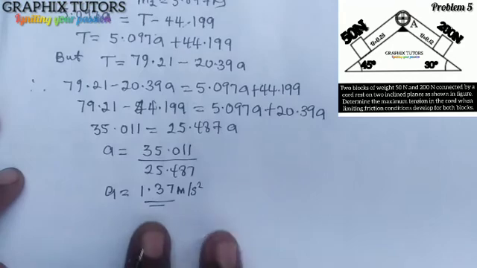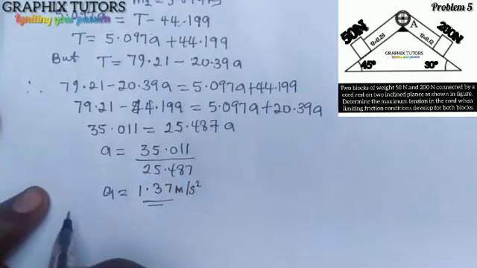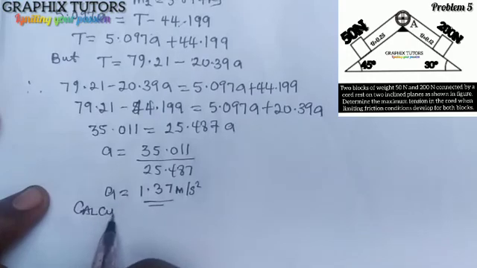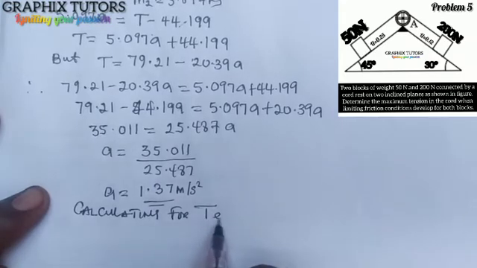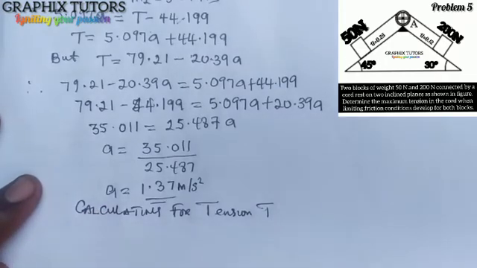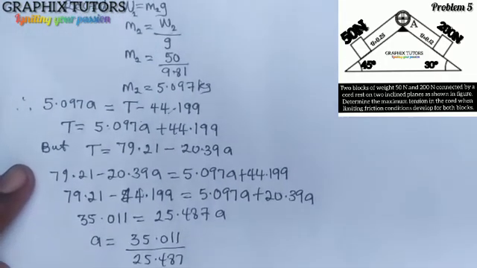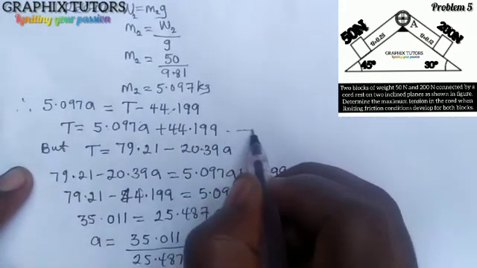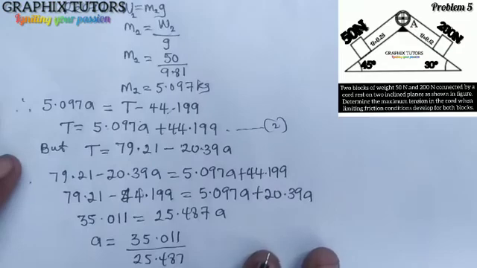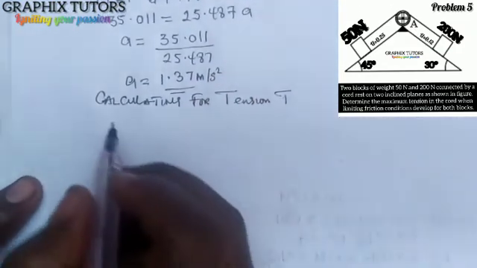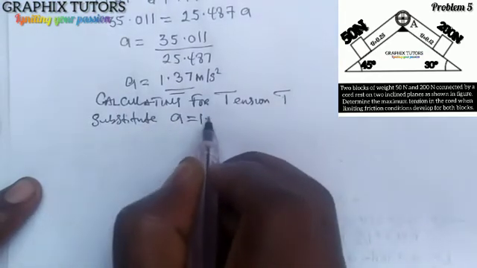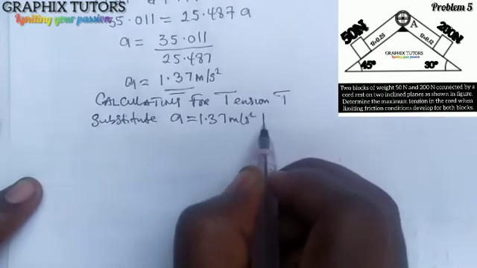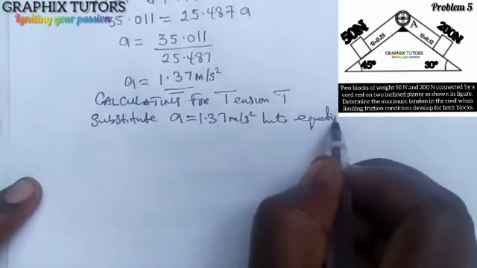Now we've gotten the acceleration, so to get the tension, I'll put it this way: calculating for tension T. You substitute A into either equation 1 or equation 2. This is my equation 2 here. So let's substitute A equals to 1.37 meter per second square into equation 1.